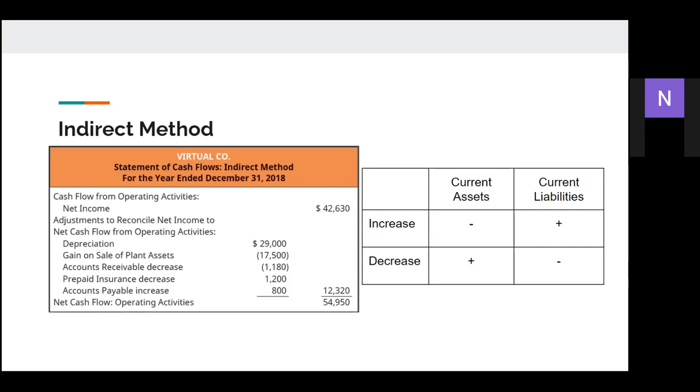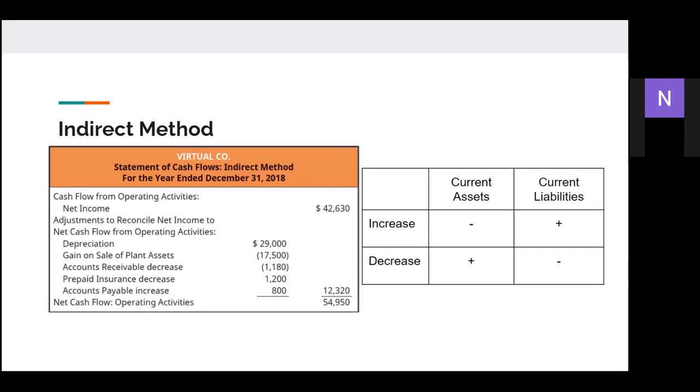Parang ito, yung depreciation. Diba kapag nag-depreciation tayo, debit depreciation expense and credit accumulated depreciation, walang cash na involved. And next is yung gain.